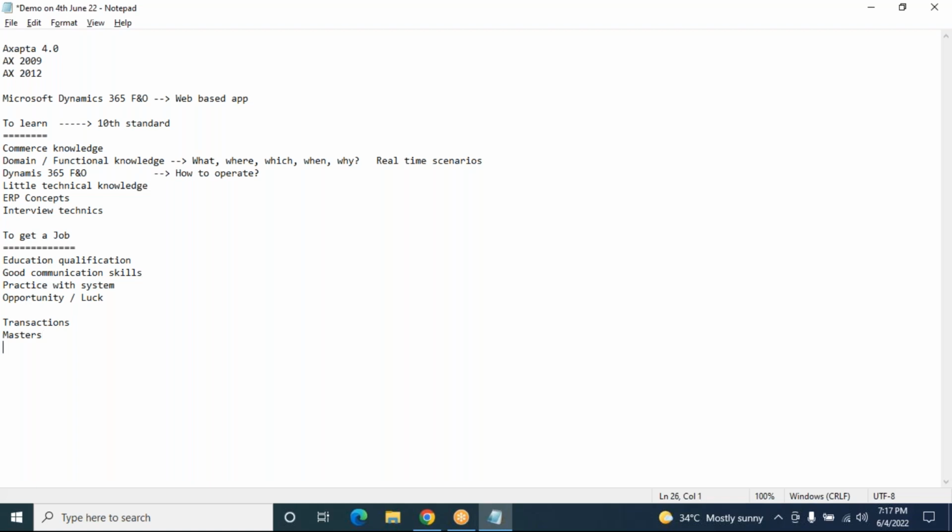All these things you need to learn. Next, setups and configurations, then parameters, then legal entity, then parameters, then setups and configurations.